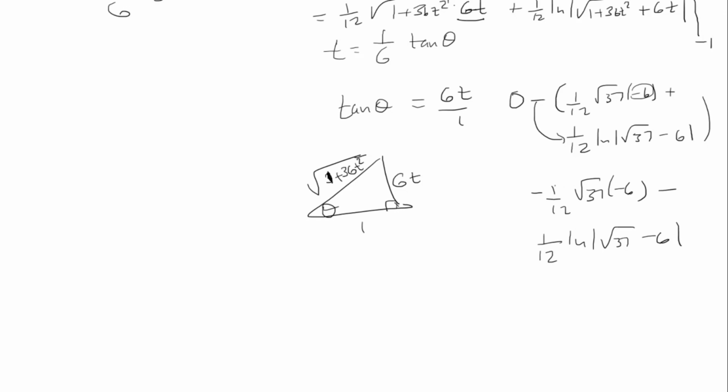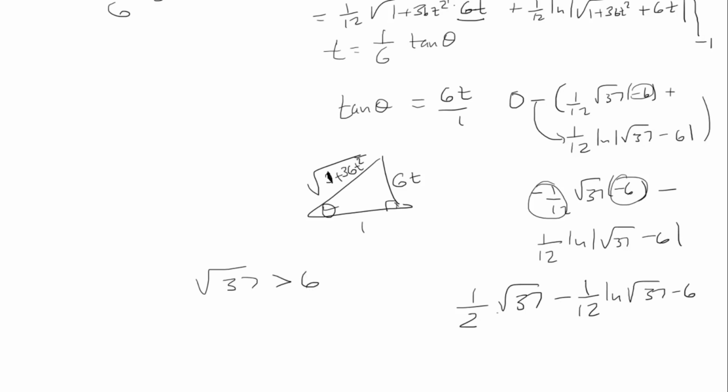And here we have negative 1/12, negative 6. That's 6 over 12, which is positive 1/2. Root 37 minus 1/12 ln root 37 minus 6. And here, because root 37 is greater than 6, you don't need the absolute values. So we'll just put parentheses. So this is our arc length.